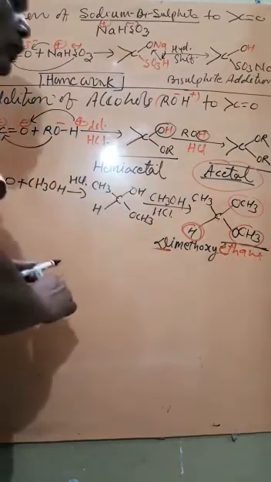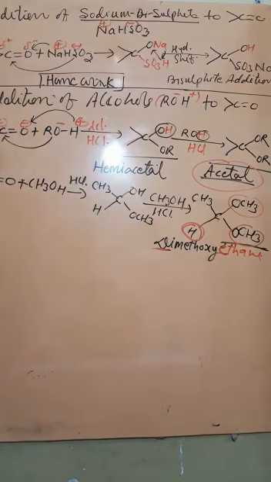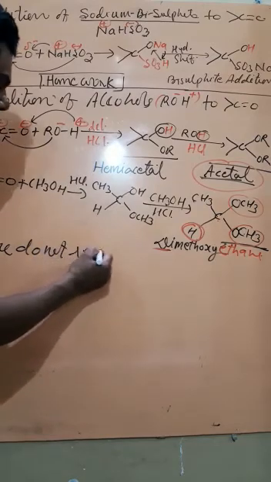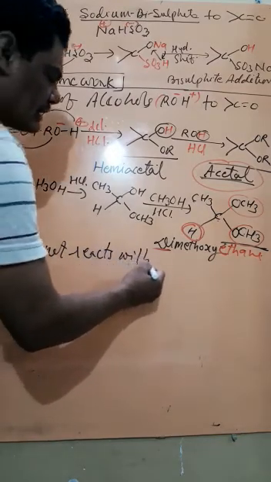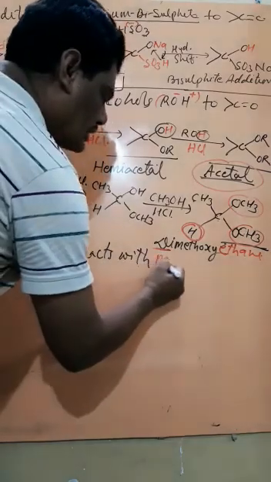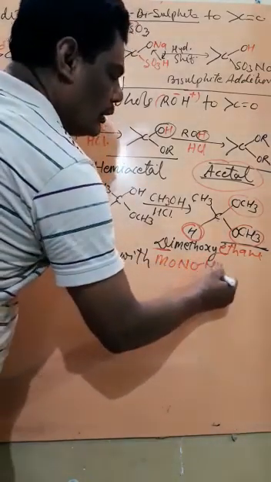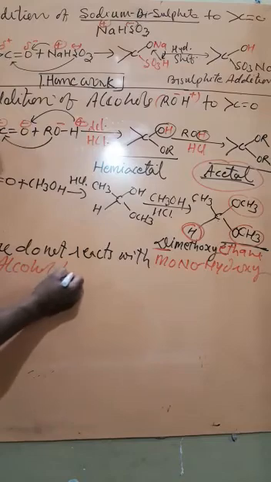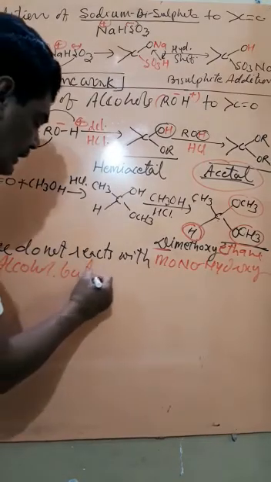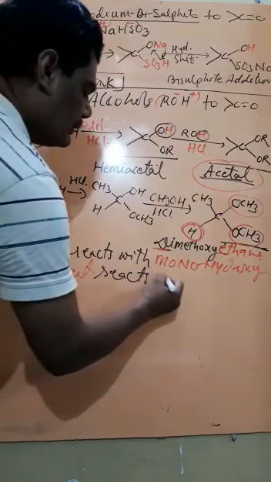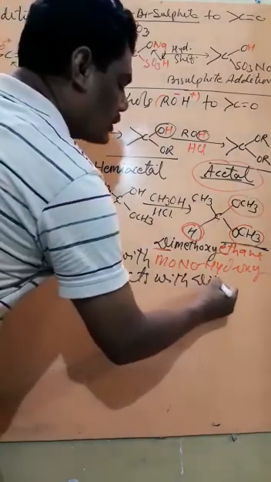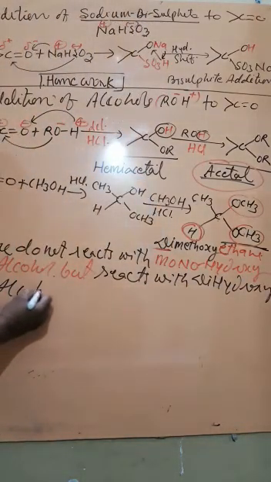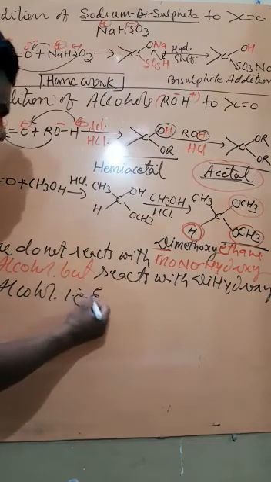But in the case of ketone, it does not easily take place. Ketone does not react with monohydroxy alcohol, but reacts with dihydroxy alcohol, like ethylene glycol.